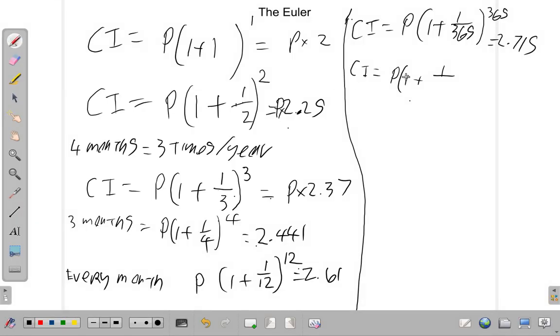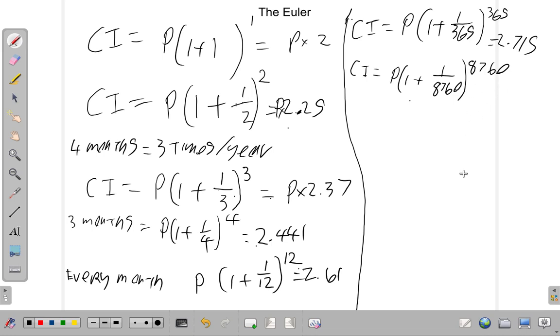So it's 1 over 8,760 raised to the power of 8,760. Because 8,760 hours are in a year, the rate would be 1/8,760th of that for the whole year, and since it matures and is reinvested every hour for the year, that would happen 8,760 times.